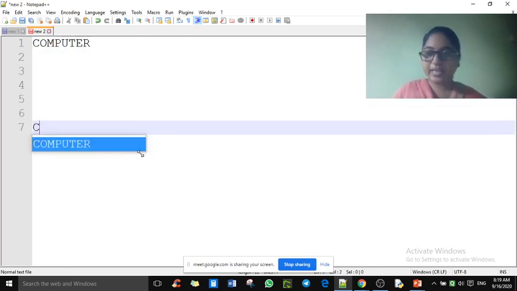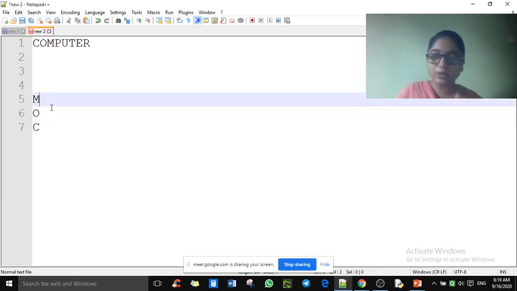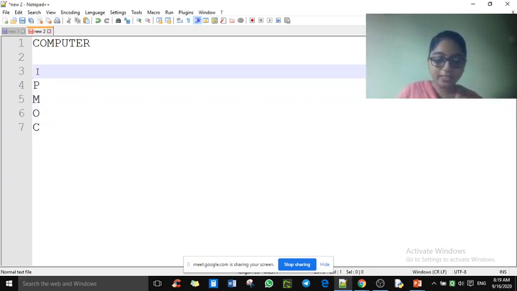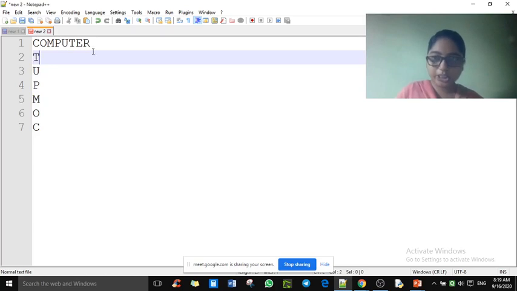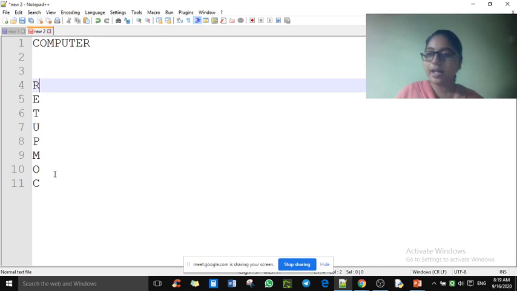First thing which is added will be C. After that I will add O. As stack is what? One element is over another. So I am writing that like this: COMPUT. Then here it will be E and then R. So this is what? Computer. Yeah, correct. So consider this as the stack.